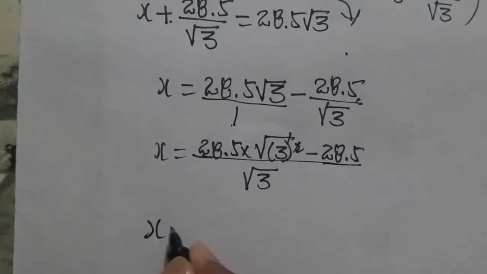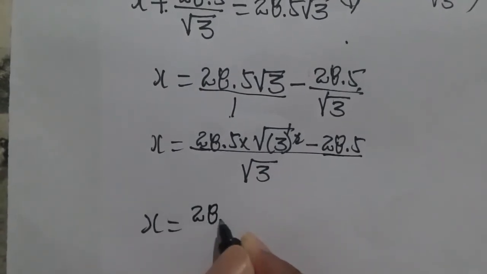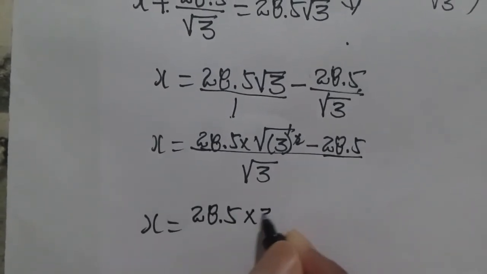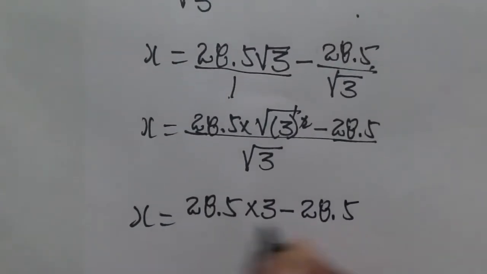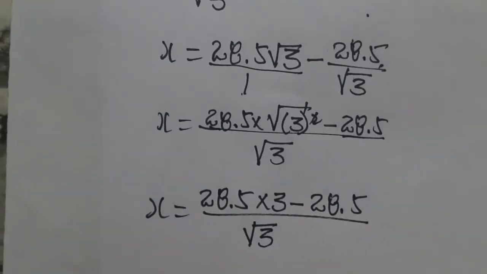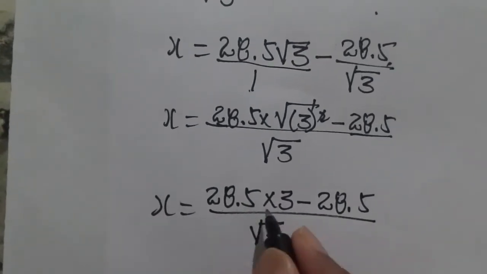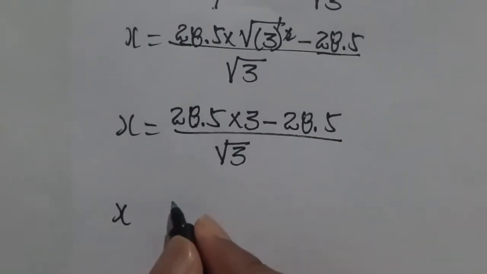Now x is equal to 28.5 into 3 only left, minus 28.5 by root 3.